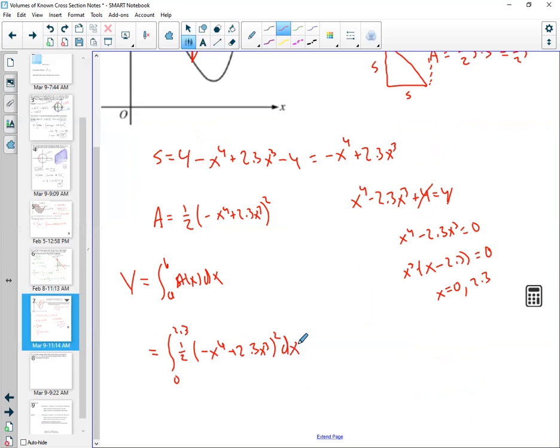The fact is, I'm just going to put it in my calculator anyway, so it doesn't really matter. 1/2 times negative x to the 4th plus 2.3x cubed, squared dx. I get 3.573-ish.